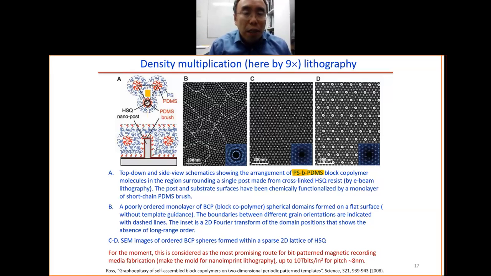Then you need to form the pillars. We need to etch away one block and leave behind another block. So polystyrene and PDMS, which block is easier to etch? The polystyrene block is easier to etch using the oxygen plasma.